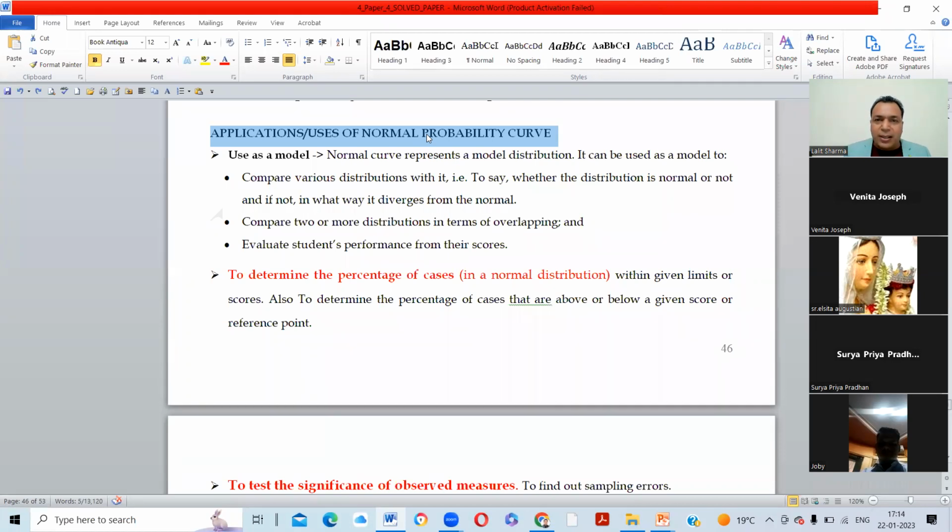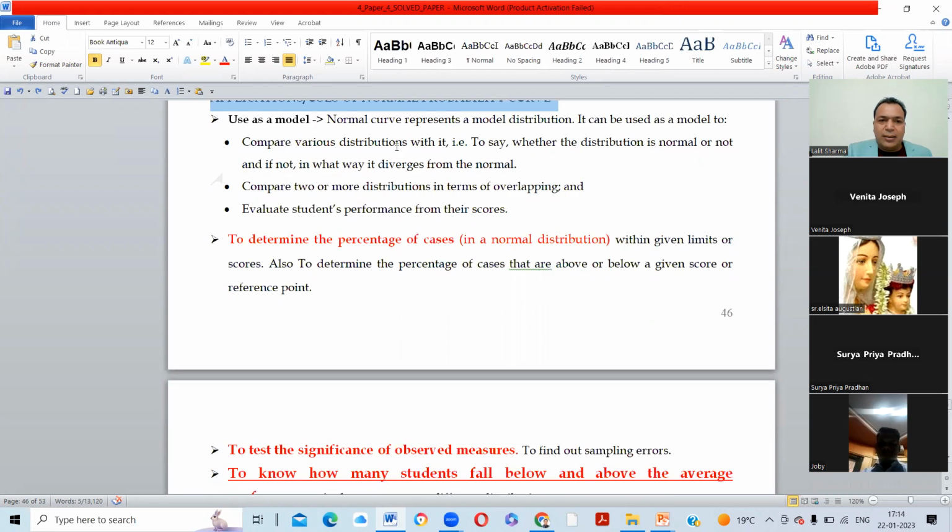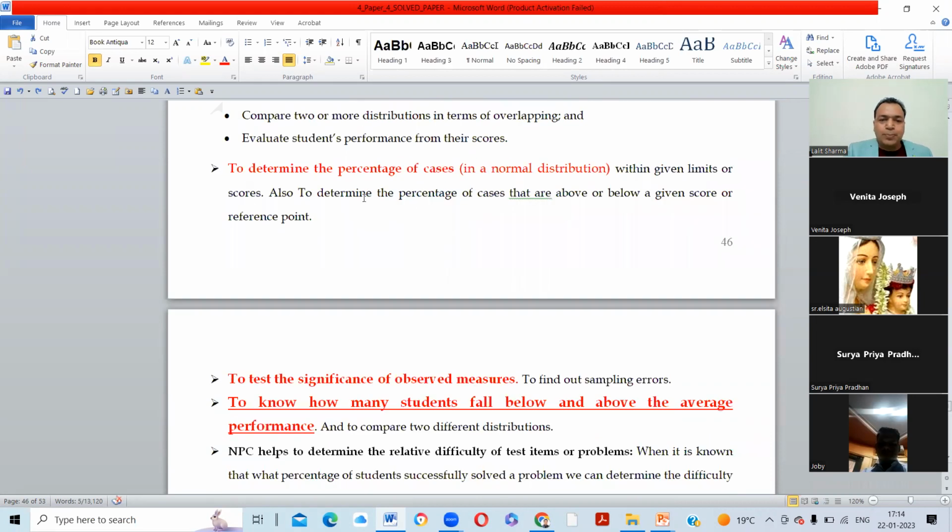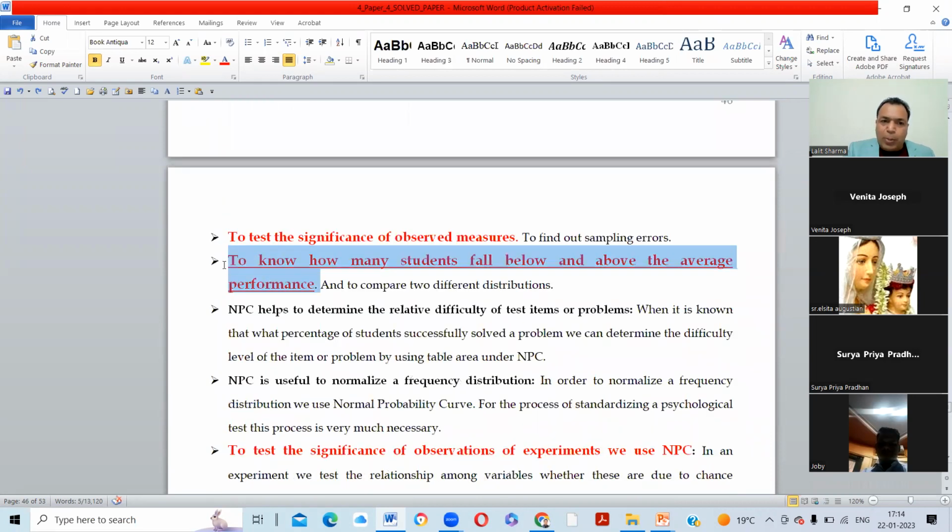Being a teacher, what is the application, what is the usage? So guys, from the normal probability curve you can do the following things. With the help of a normal probability curve, you can know about your students: how many students fall below, how many fall above, and how many are average.